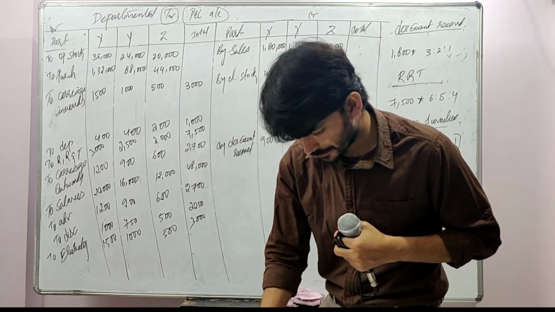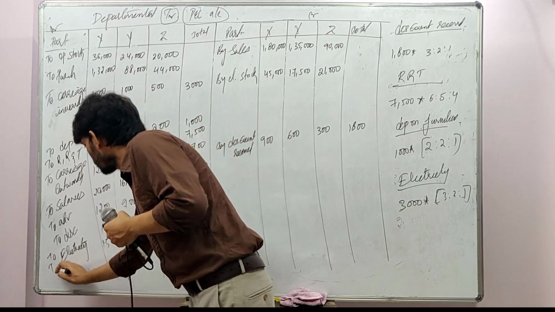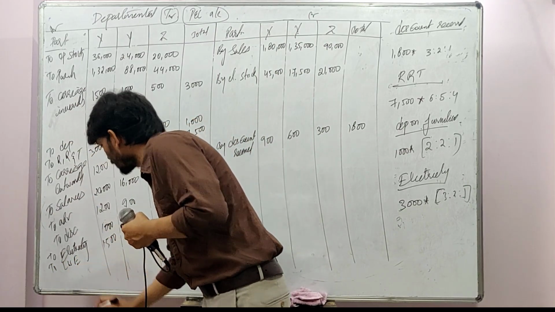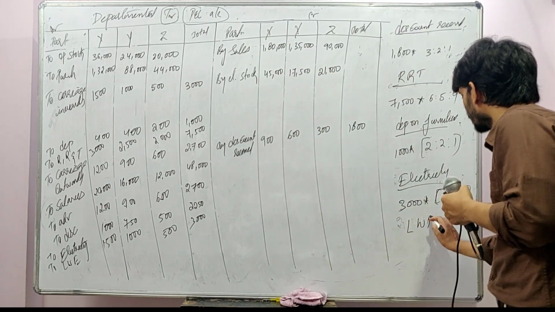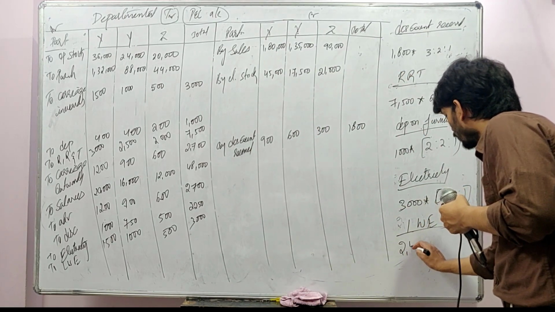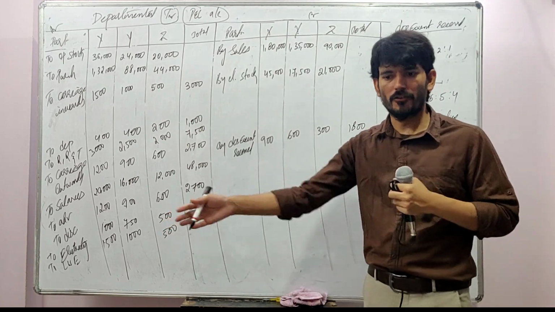And then what else is there? Labor welfare expenses. What is the expenditure? 2400. And what should be the base? Labor, there are a number of employees, right?